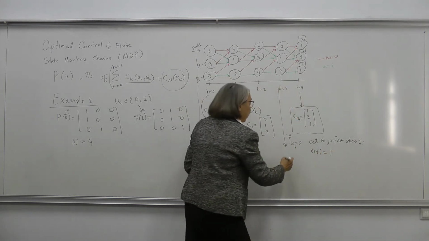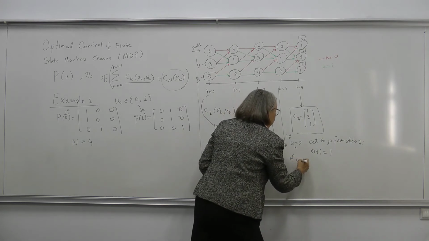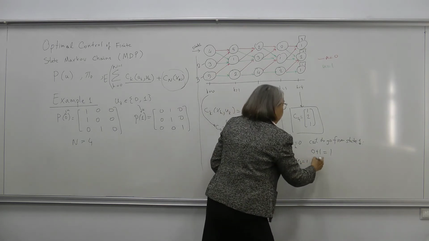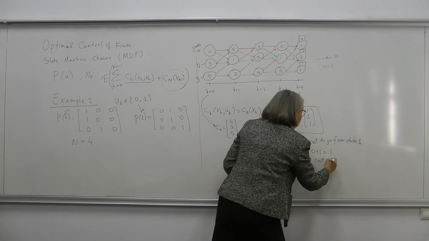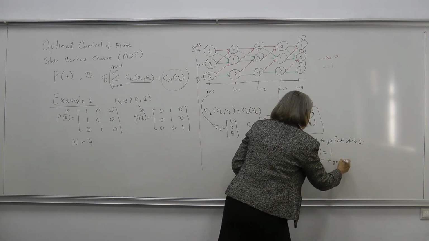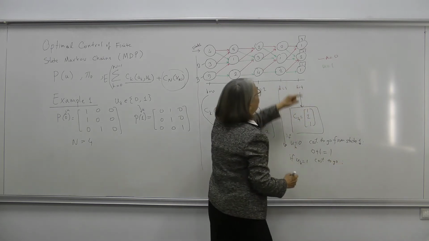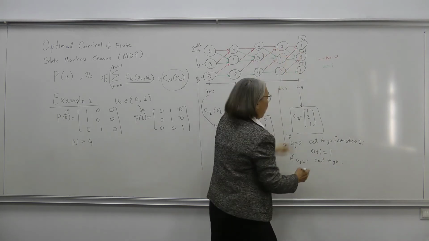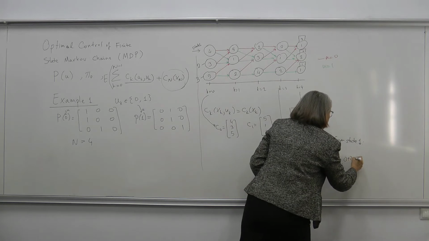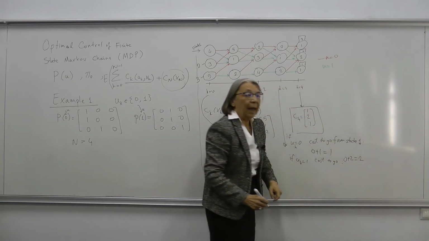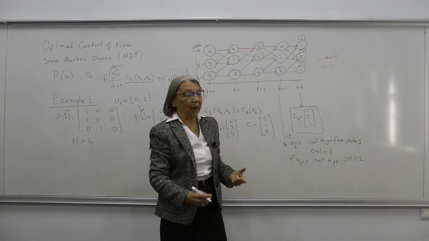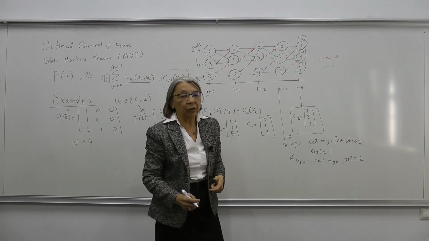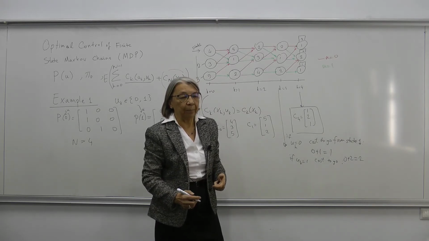On the other hand, if uk is equal to 1, then the cost to go is equal to 0 plus this 2, which is equal to 2. Since we are trying to minimize the value of the objective function, we choose the minimum of them.